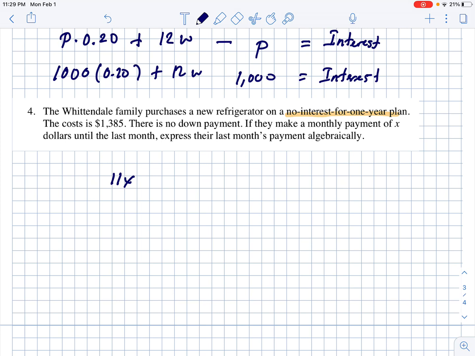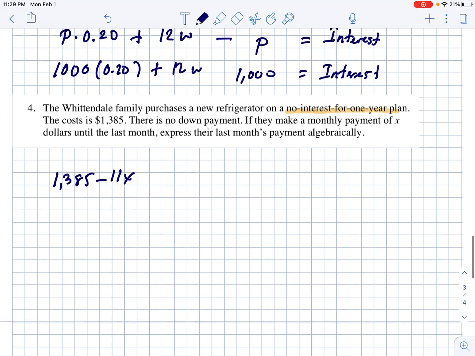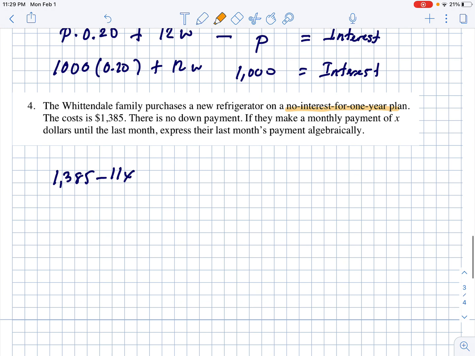And we started out with $1,385 minus this, because this is the total amount right here, $1,385. There's no interest, so it's basically being divided up, but sometimes they make little changes here.